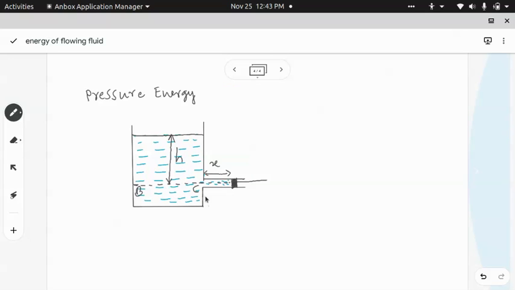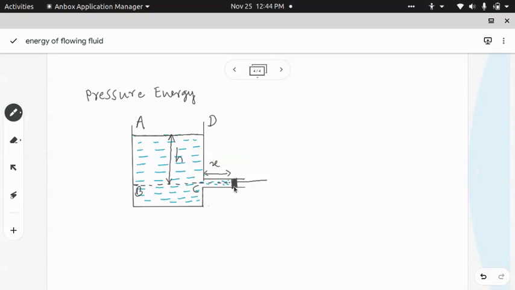That means this BC line is away from this line, let us suppose this is AD, by some height h. The height difference between these two levels AD and BC is h. So what will happen, let us understand this.